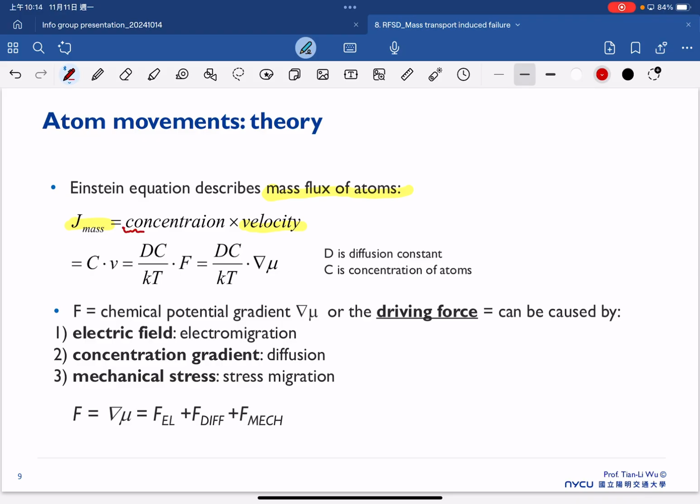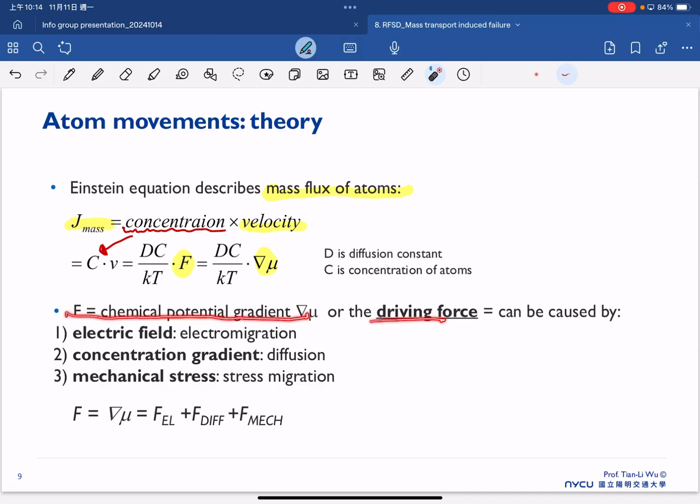We have concentration C here times the velocity, and the velocity is the equation we already derived in the previous slide, and then that will be equal to this one times force, and the force will be equal to the gradient of mu. So F is equal to the chemical potential gradient mu, or the driving force.